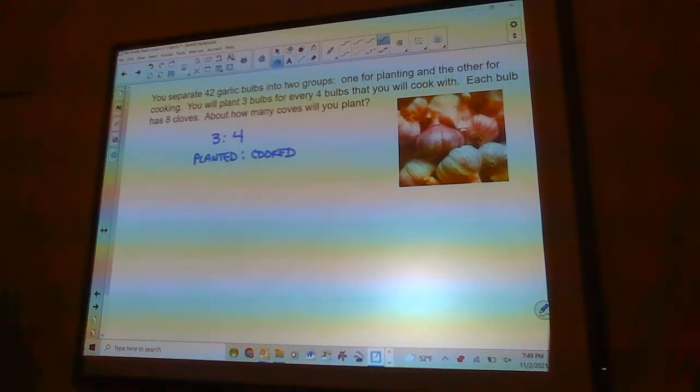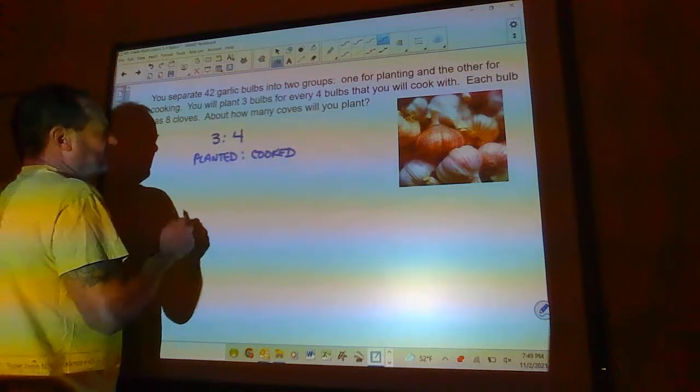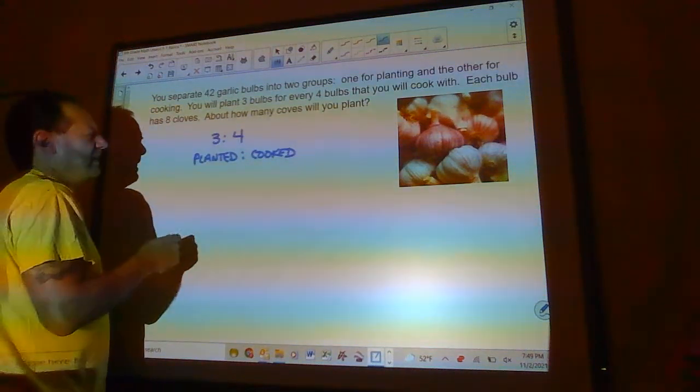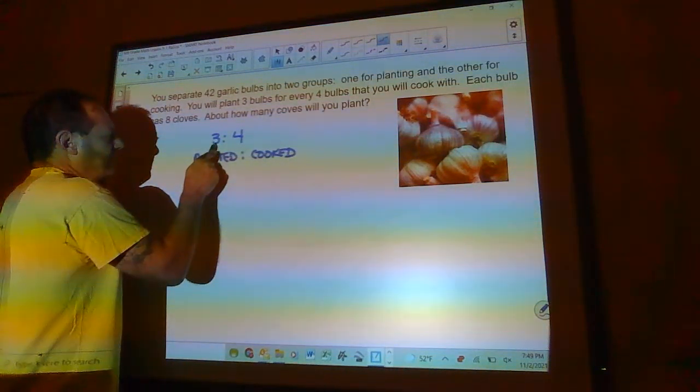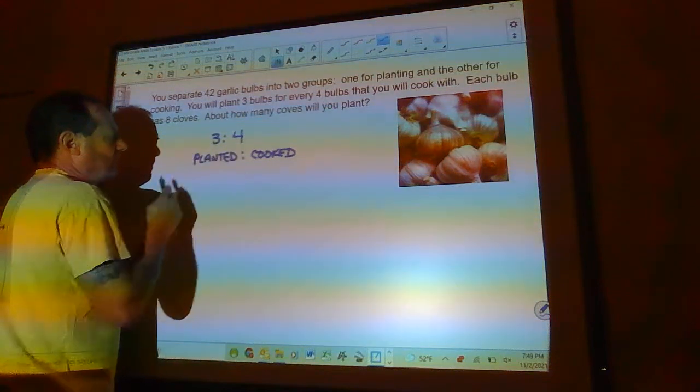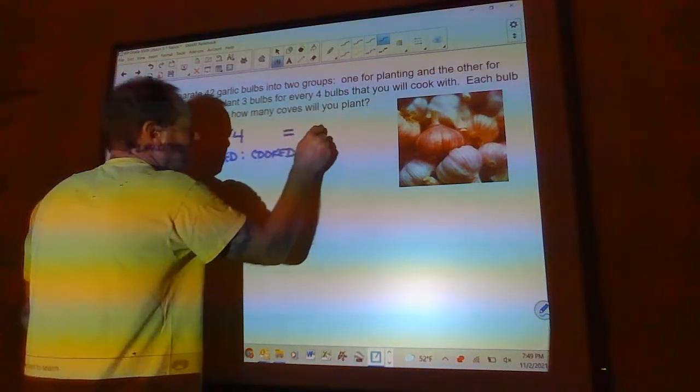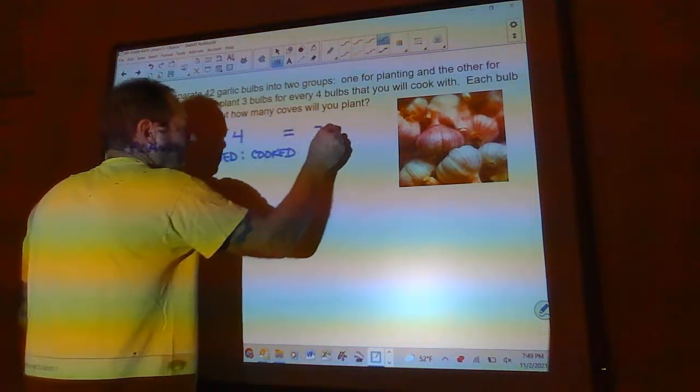Each bulb has 8 cloves. How many cloves are you going to plant? And you've got a total of 42 garlic bulbs. The first thing you need to do is figure out how many parts I have here. If I have 3 that I'm going to plant and 4 I'm going to cook, that's a total of 7.